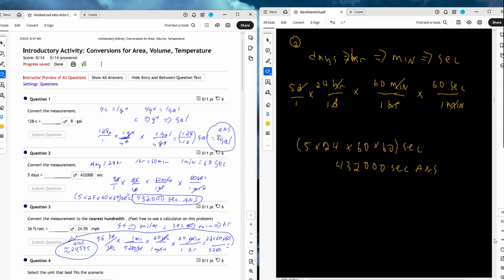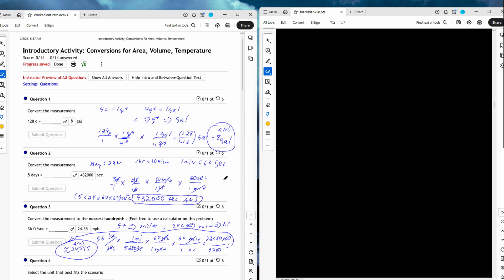The next one is number 3. Convert feet per second into miles per hour. So I have to convert feet into miles. So across the top, feet into miles. On the bottom, seconds to hours.